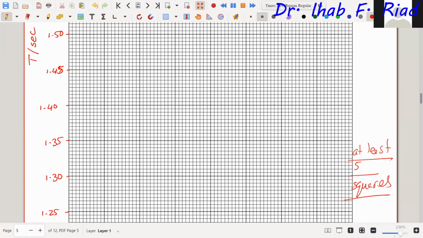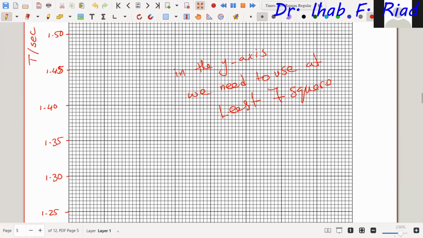So in the y-axis, we need to use at least 7 squares. Okay?